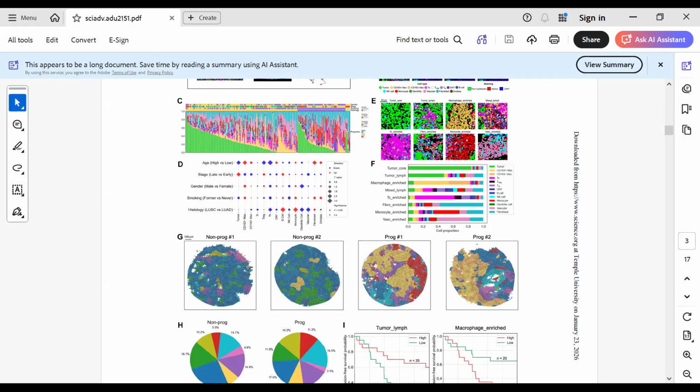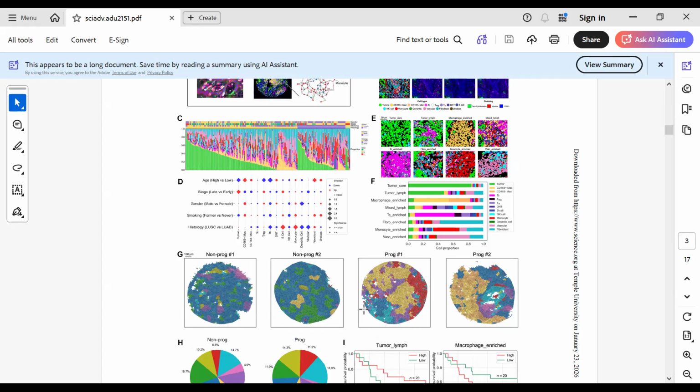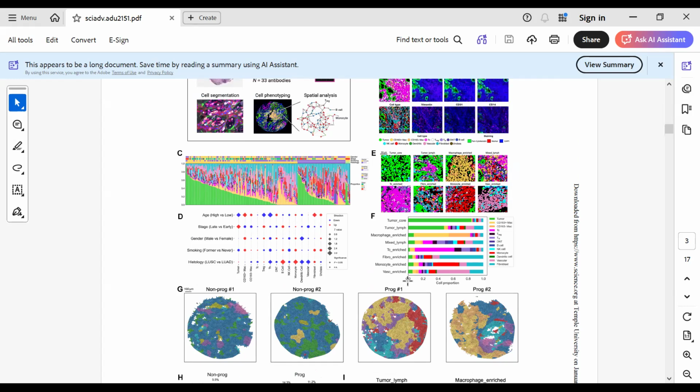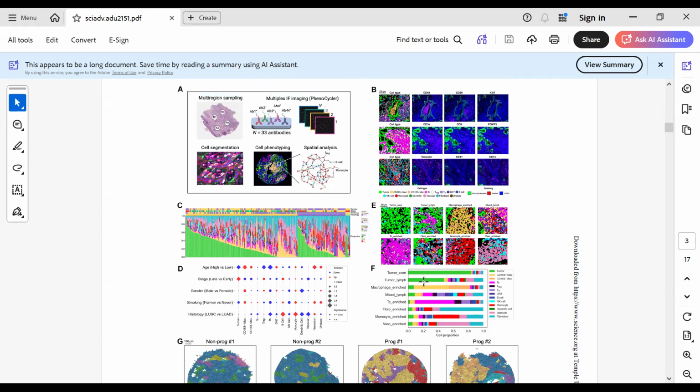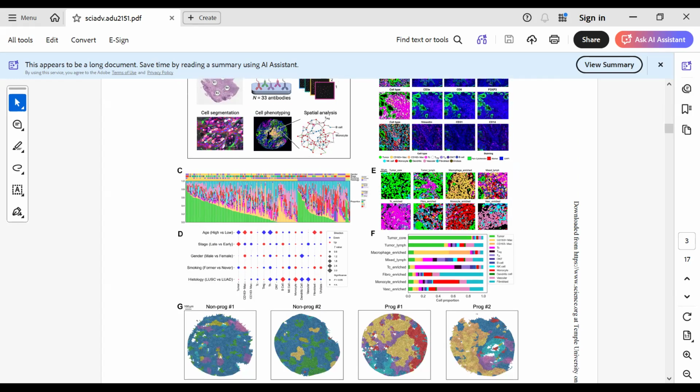If we look at figure one specifically, here they have designed a study using the NucSegAI framework, and this figure acts as a blueprint for the entire study. For example, if we talk about the cohort, it visually summarizes a total of 115 NSCLC patients, showing the distribution of H&E slides, multiplex immunofluorescence and RNA-seq data.